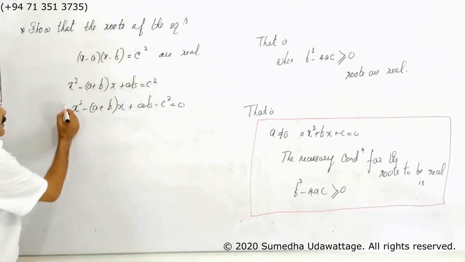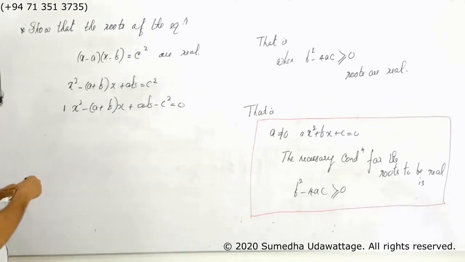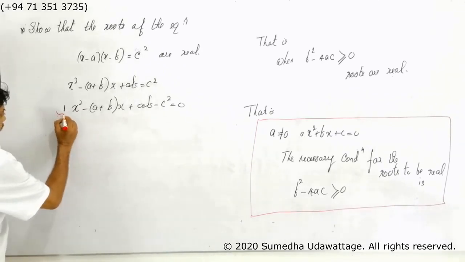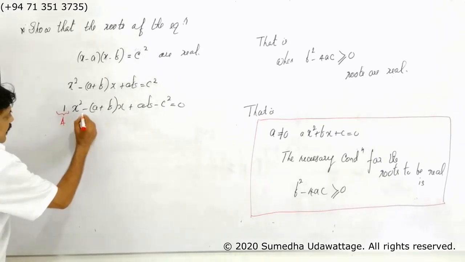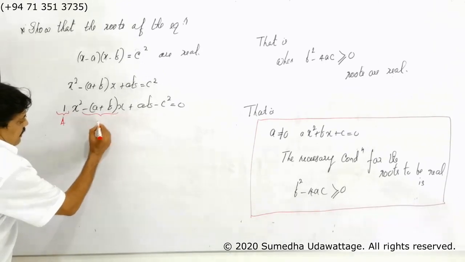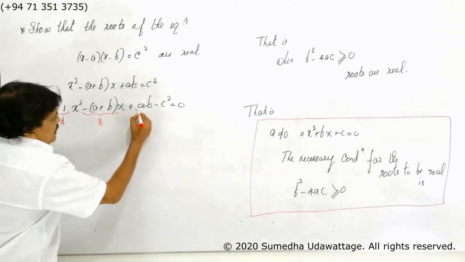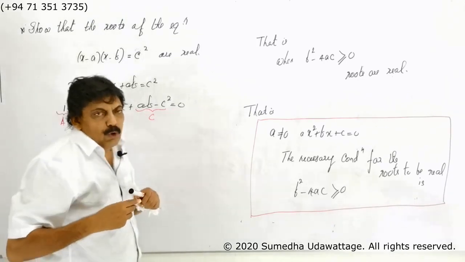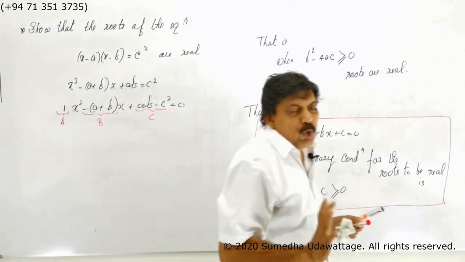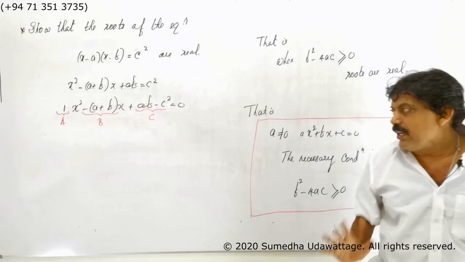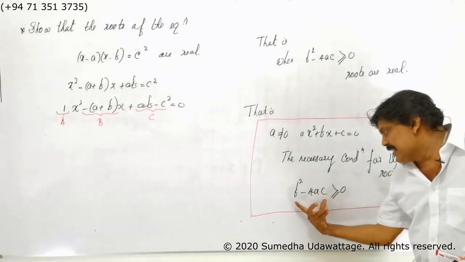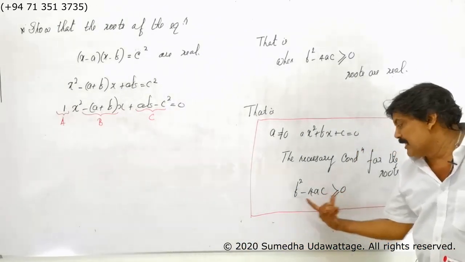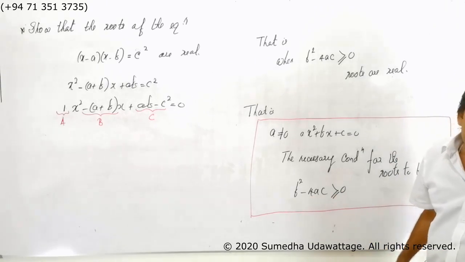We put a 1 here. This acts as a. With the minus sign, this acts to be b, this acts to be c. Now, for us to show that the roots are real, we got to show that the determinant b square minus 4ac is larger than or equal to 0.